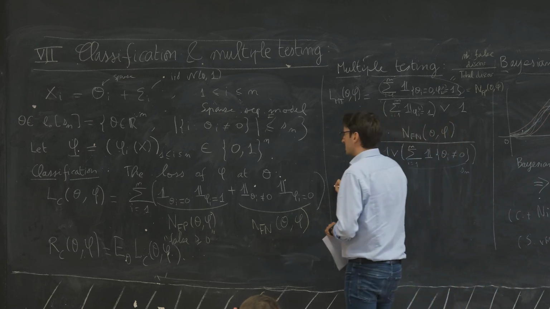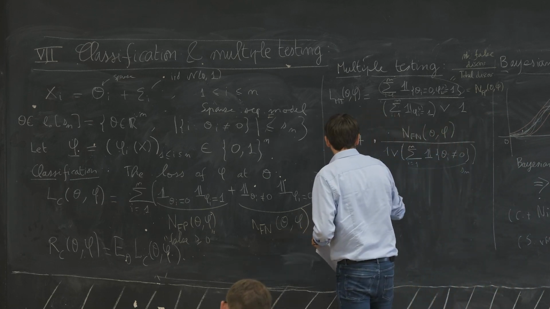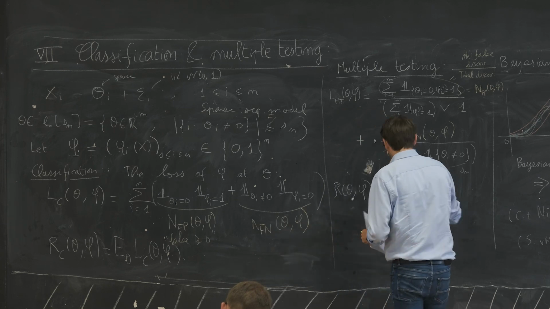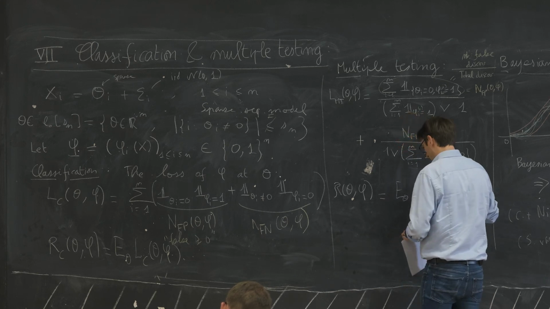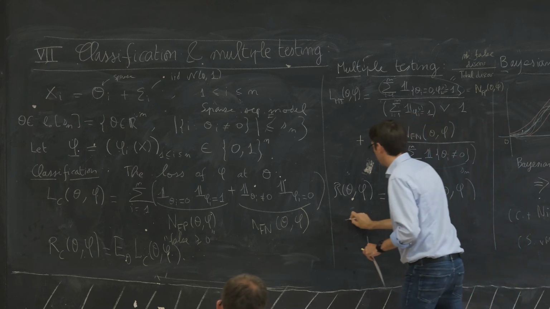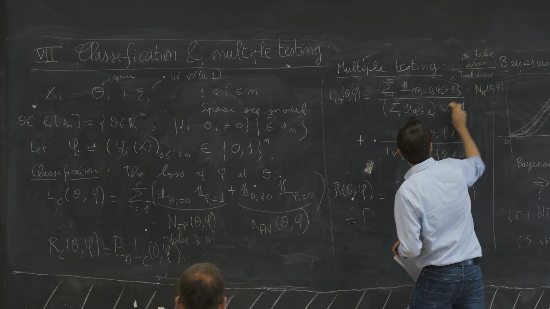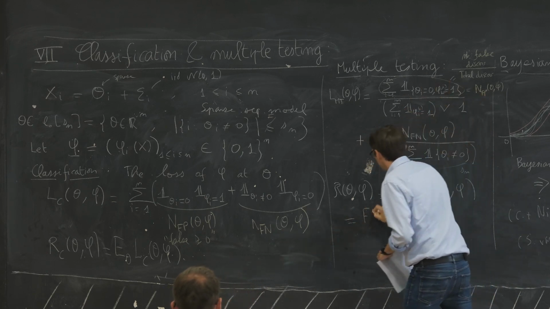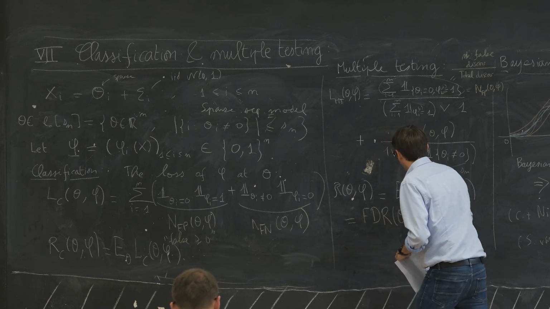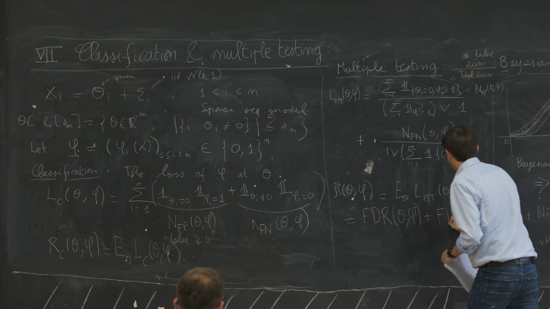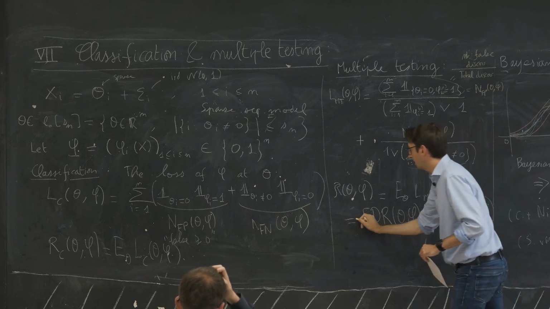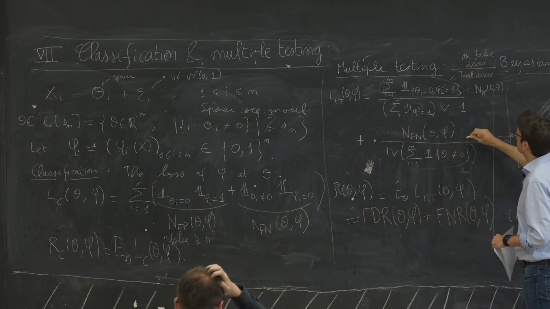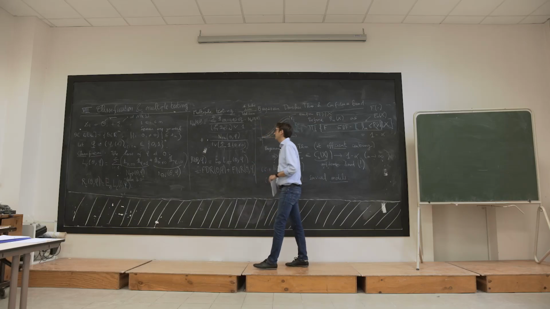And I get the multiple testing risk, which is the expectation of the multiple testing loss. The expectation of the first ratio is called the FDR, the false discovery rate, and the second one is the false negative rate. So the expectation of this is the FDR, and this is a very popular measure.